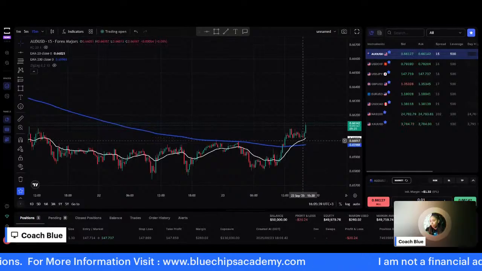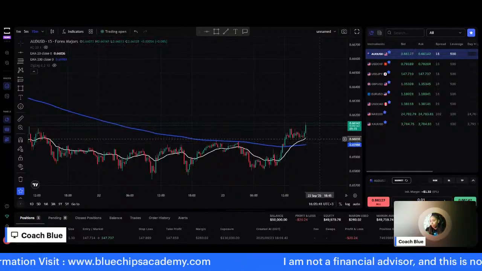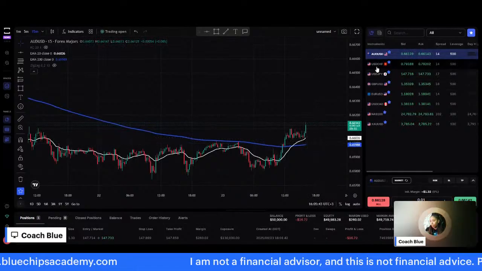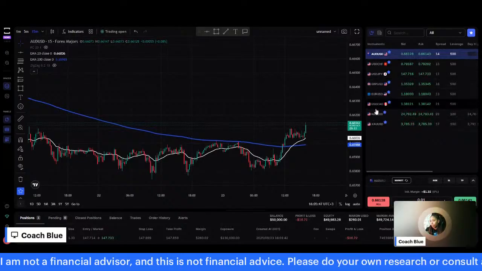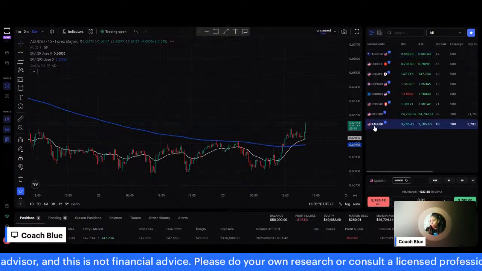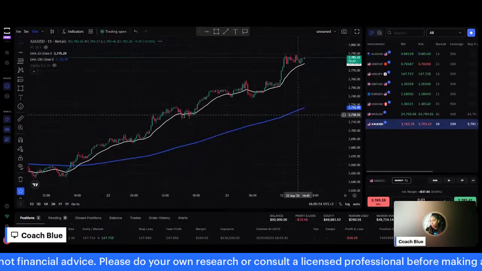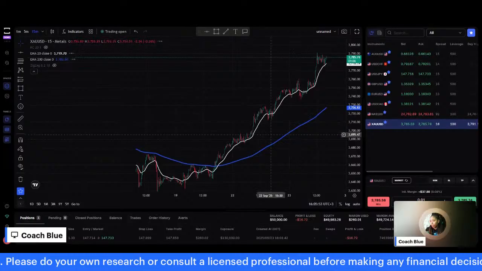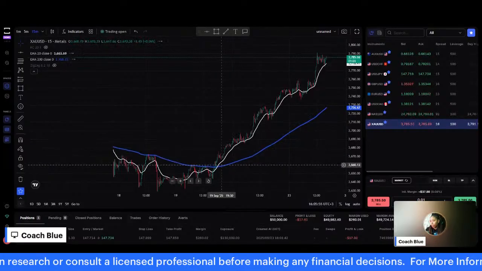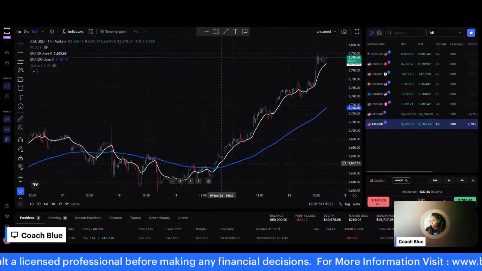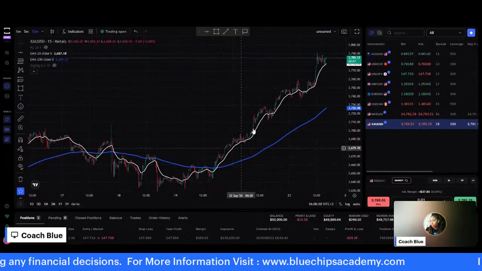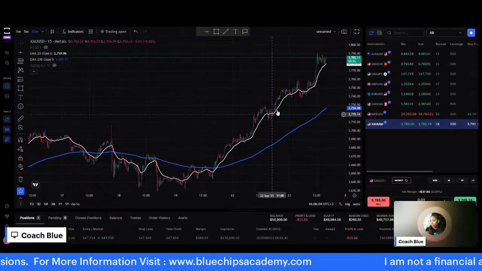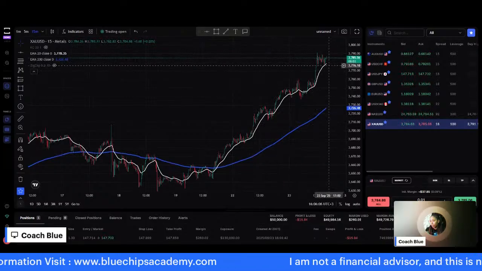Okay, we got a nice little crossover here for AUD USD. That's all right. Let's look at one more pair. Let's look at gold. Great crossover right here. Price never came near the 200, so that's just a trade that you could ride up if you wanted to.